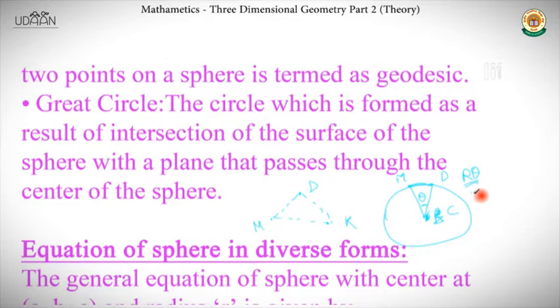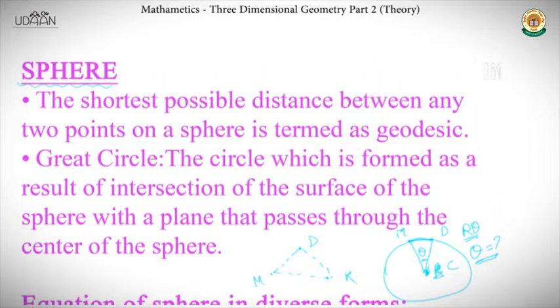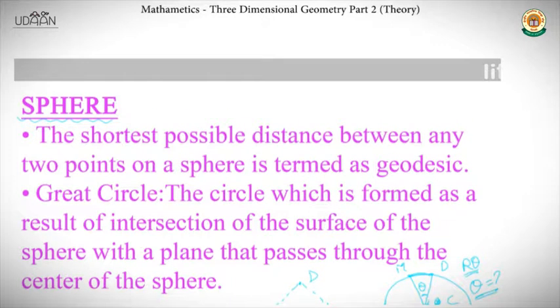That is, we need to find theta. That is our goal. So sphere: how is a sphere defined? A sphere is defined as the locus of all the points which are equidistant from a fixed point.